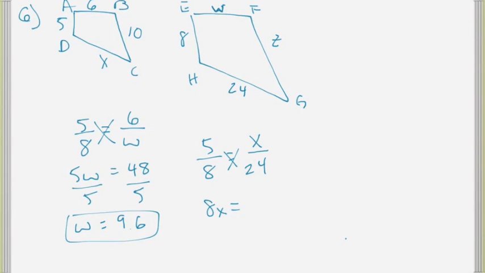Oh, I didn't write this down. Let's see. 120. Divide by 8, and we get 15. Someone will do that wrong.